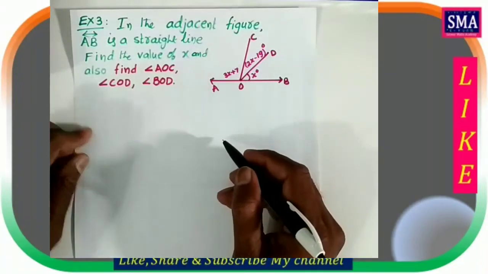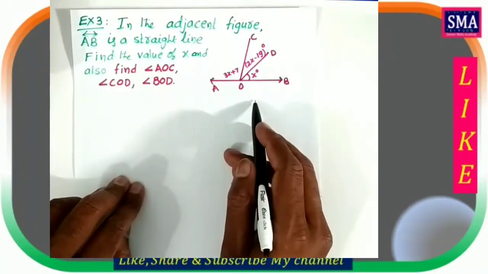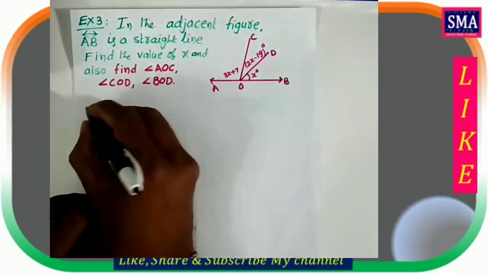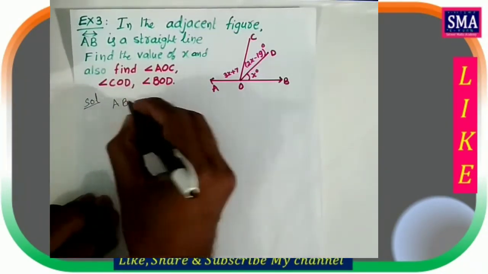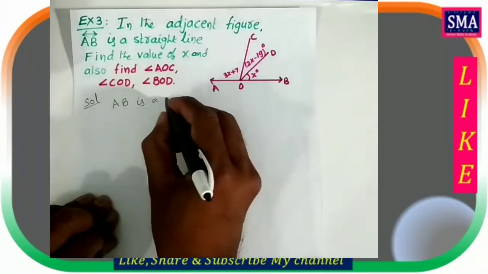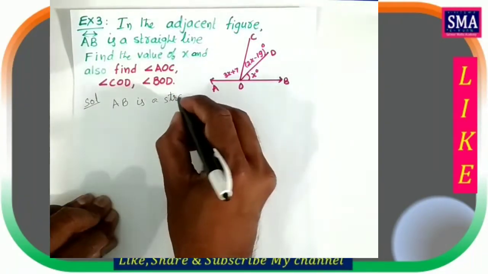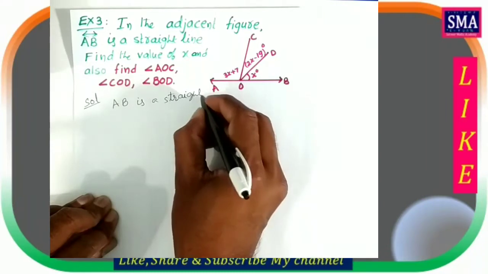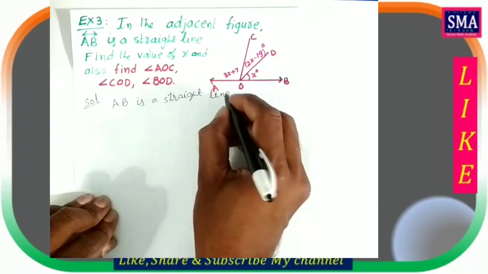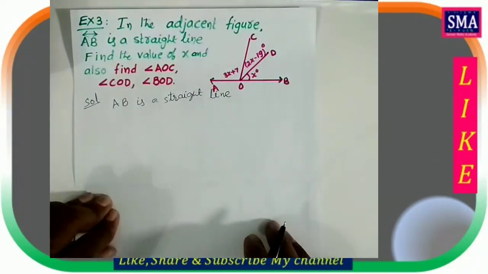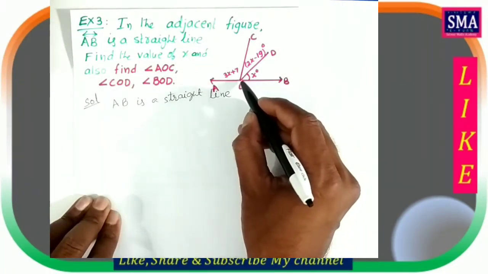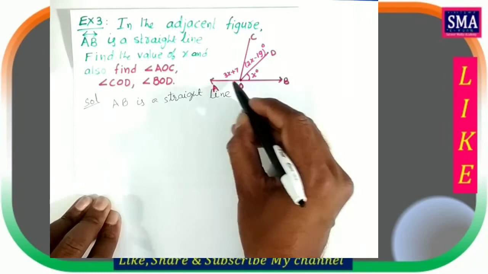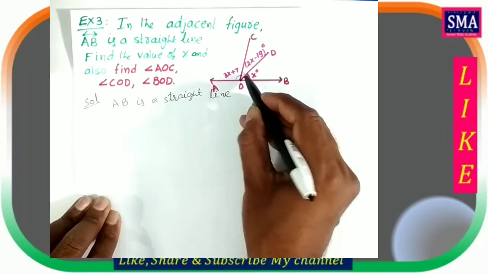First of all, given the data, AB is a straight line. So, solution: AB is a straight line. Next, all the angles on AB at a point O. All the angles 1, 2, 3.